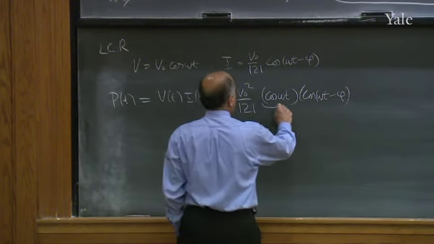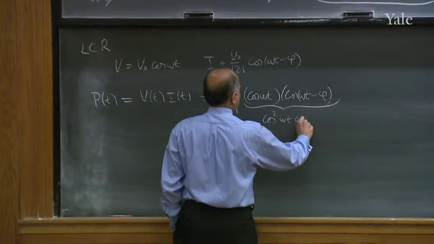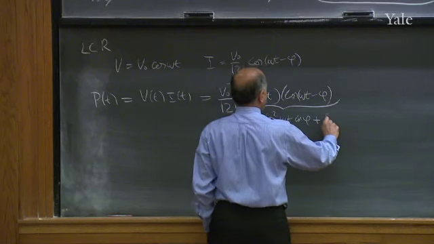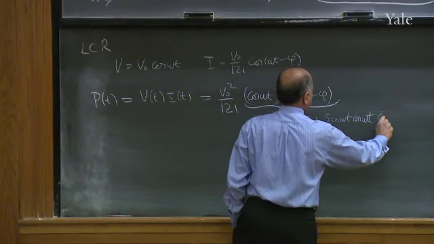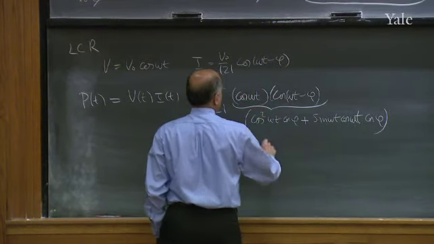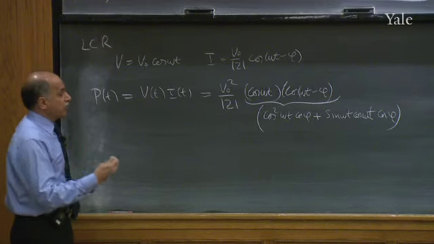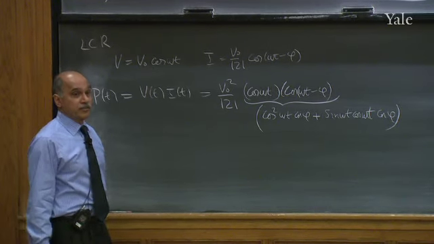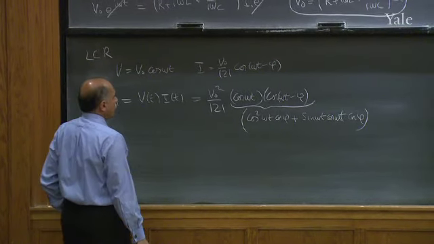So I want to write this out for you as follows. This is cos squared omega t cos phi plus sine omega t cos omega t sine phi. This is just some high school trig identities. Cos of A minus B is cos A cos B plus sine A sine B. So what do you notice?